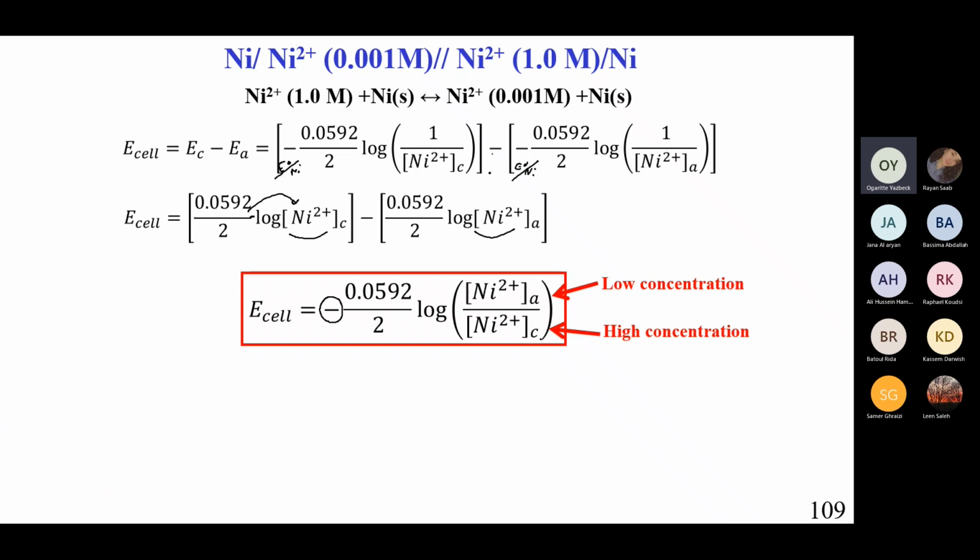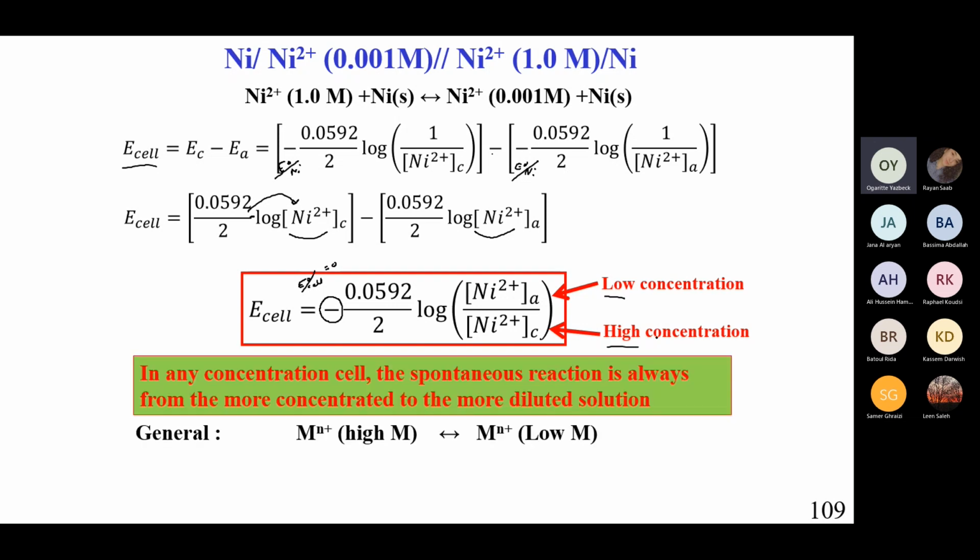That's why they cancel each other out, and that's why you only have the second part of the Nernst equation in the overall E of the cell, because E naught of the cell is 0 for concentration cells. So E of the cell is minus 0.0592 divided by 2 log nickel at the anode divided by the nickel at the cathode. Usually, it's the lower divided by the higher concentration.